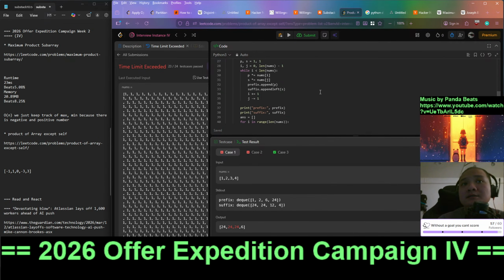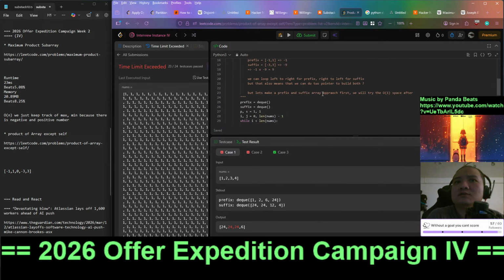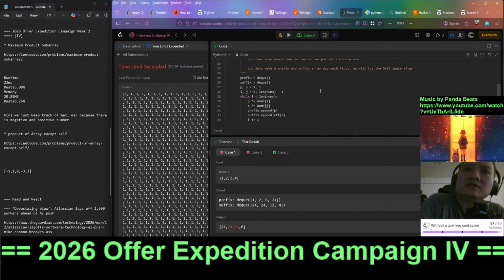So add 2 is gonna be multiply between 1 and these two. Right, and so the array list is too much.